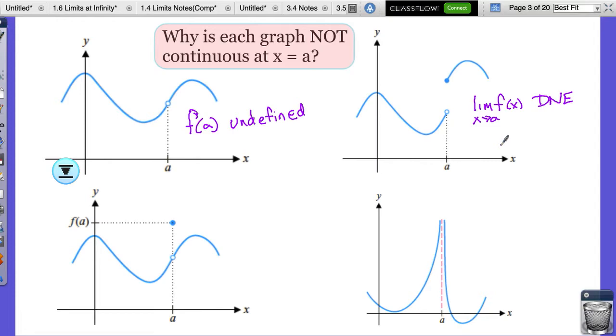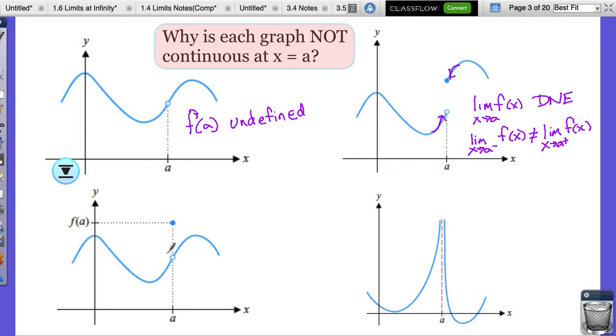The reason it doesn't exist is because the limit from the left is not the same as the limit from the right. Coming from the left of a and from the right of a, I'm going to 2 different y values. So the limit doesn't exist.